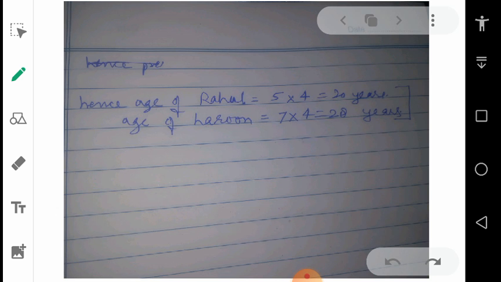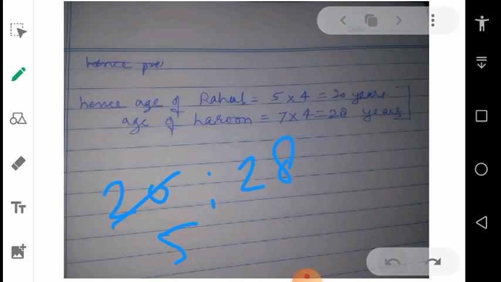So now check the conditions. The ratio of their present ages is 20 is to 28. Now try to cut them. It can be cut by 4. 4 5s are 20 and 4 7s are 28. So the ratio is 5 is to 7. It is also given in the question. It means our first condition is satisfied.